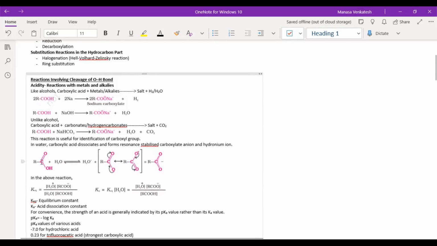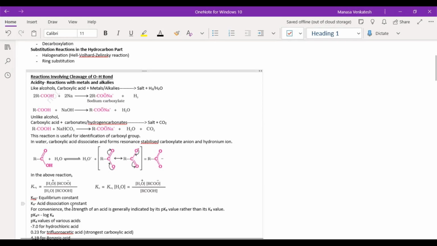Here you have RCOOH reacting with water, where there is removal of the proton. The H is getting kicked out, and we have these resonance stabilized products. The Keq and Ka are the equilibrium constant and acid dissociation constant, which you've learned about in the chapter on equilibrium.